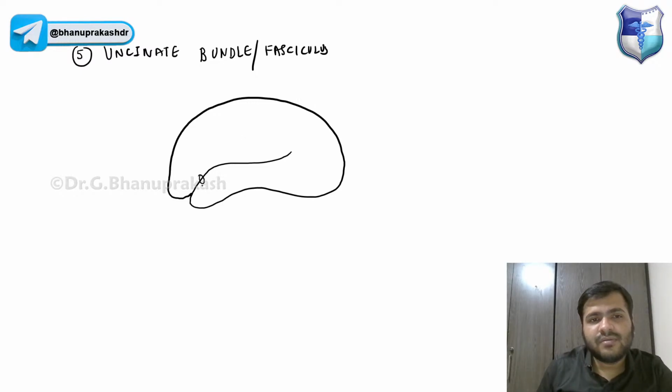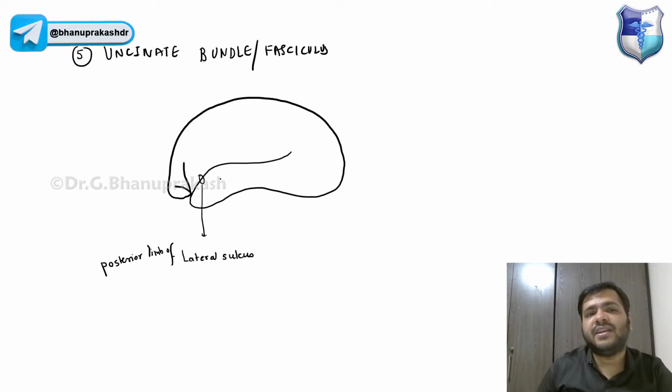This is called the lateral sulcus, and which part of the lateral sulcus is this? It is the posterior limb or the posterior ramus. Limb बोल लो या ramus बोल लो, it is the posterior limb of the lateral sulcus.